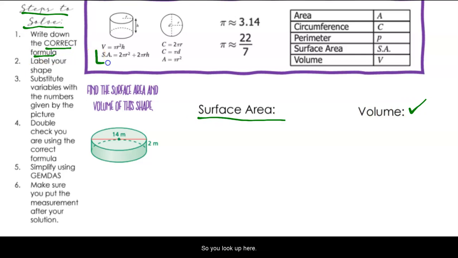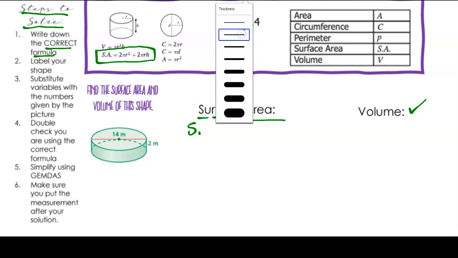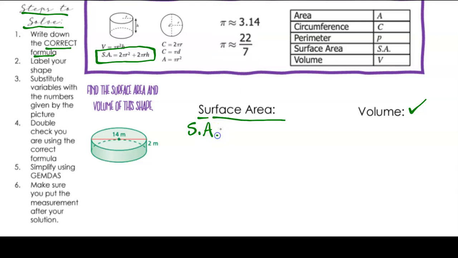So you look up here, the SA gives us that formula. So SA, which stands for surface area, is going to be equal to 2 pi r squared plus 2 pi r h.